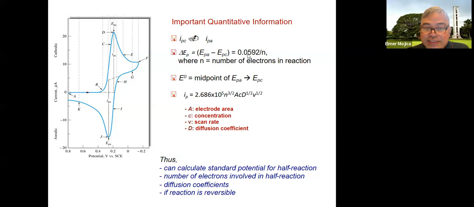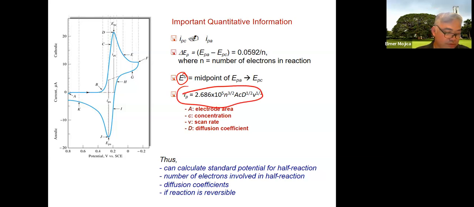And the potential that you have there is the midpoint between the peak potential at the anodic and the peak potential at the cathodic. And you have here what we have discussed before, which is your Randles-Sevcik equation.